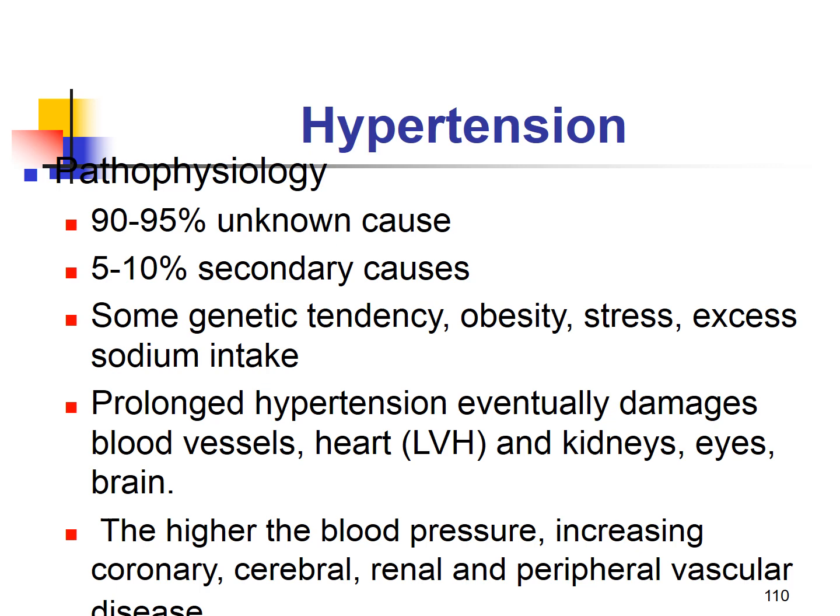Prolonged hypertension eventually leads to many problems, such as making the heart large, kidney failure, eye problems, and stroke. The higher the blood pressure, the more problems you have with the coronary arteries, the brain, the peripheral vascular system as well.